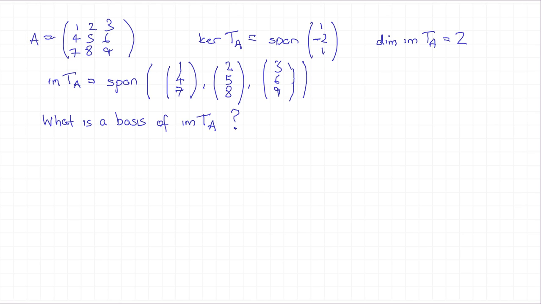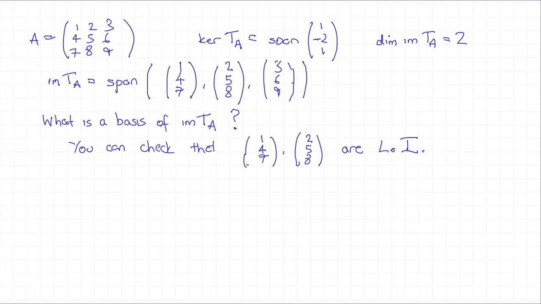So if you just take the 2 columns, well, you can check directly that the first 2 columns, 1, 4, 7 and 2, 5, 8, are linearly independent.